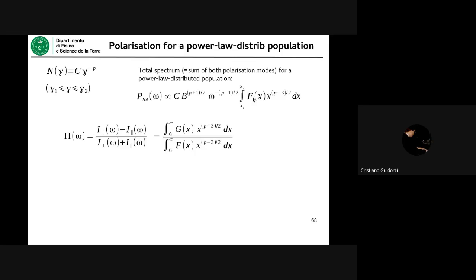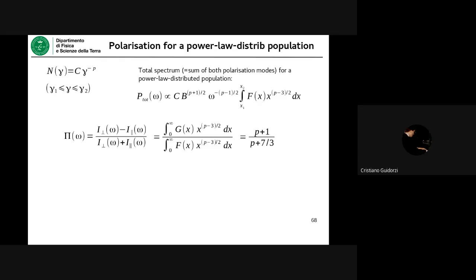If you remember, the only difference is that one is F plus G and the other, I parallel, is F minus G. So F plus G minus F minus G is twice G, and here you have twice F. So that essentially gives you the specific calculation of the polarization degree when intensities are weighted by the population of electrons. And in this case, again, I'm not going to show you the mathematical details. I'm just showing the results.